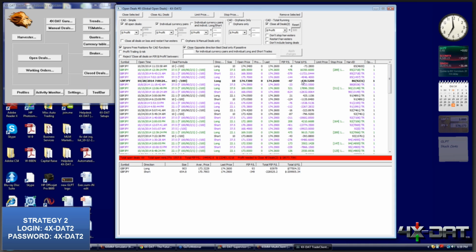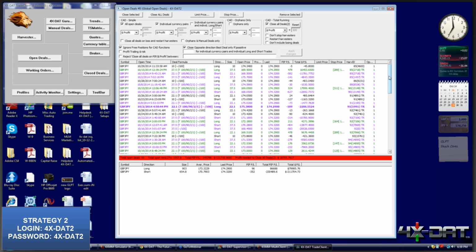The market hasn't run away from this particular trade a whole lot. This trade is down 46 pips, which is no big deal. In this market, that is nothing. We've got 91, 1, 2, 3, 4 different trades running at the same time.